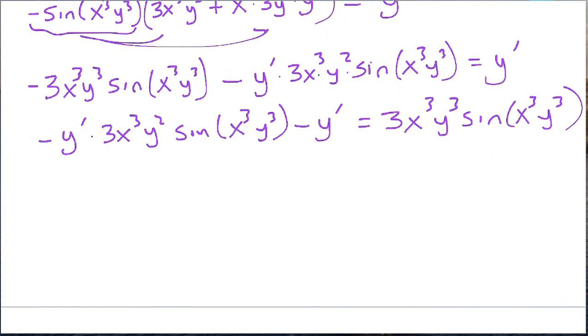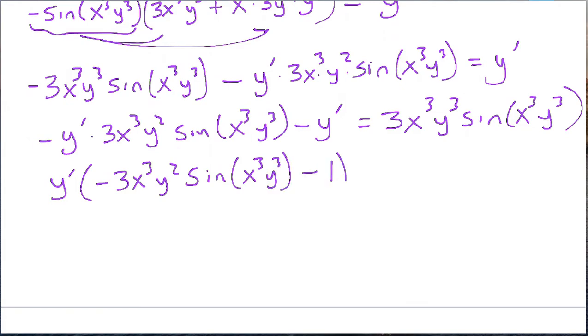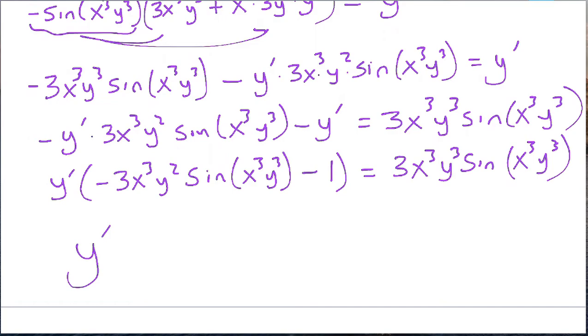I am going to factor out a y prime and rewrite everything else. Hopefully I wrote it right. The next thing I'm going to do is divide, and I am done.